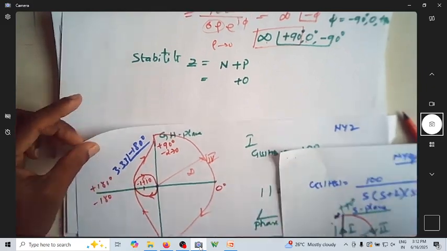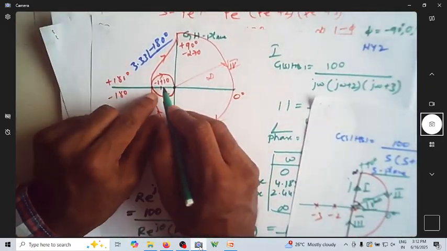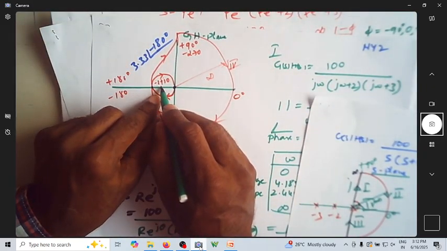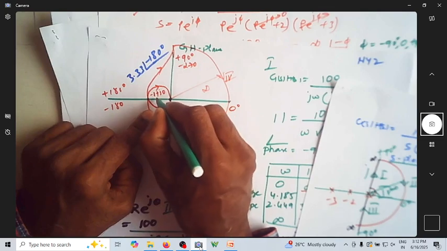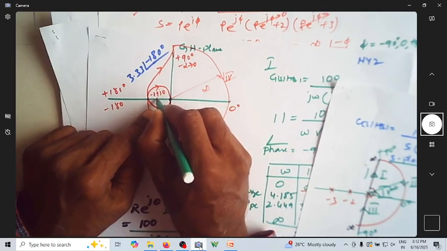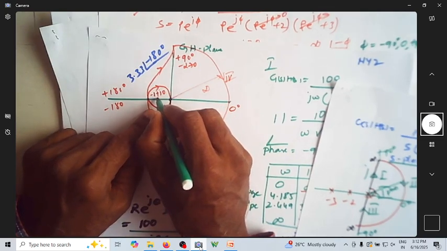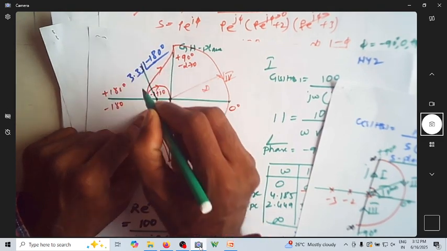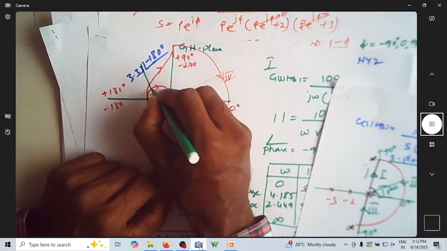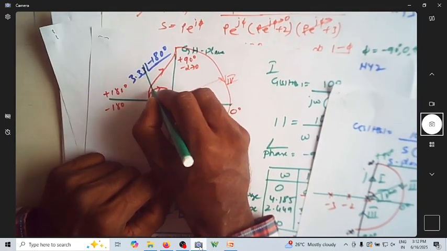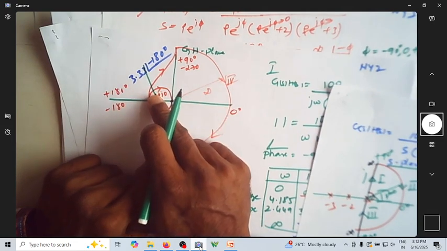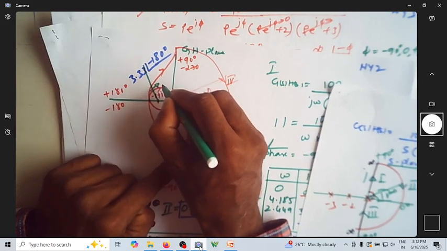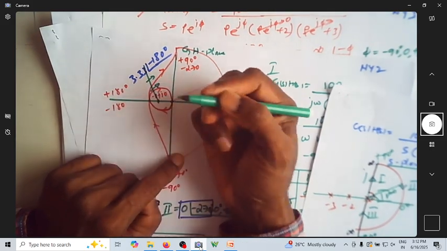But what is N? N is nothing but number of encirclement of this minus 1 plus j0 point by the contour in GH plane. So how to find how many times this minus 1 plus j0 is encircled? Just draw a line anywhere outside, just going out. See how many times this contour is cutting this line. Can you see this is cutting once in clockwise, two times in clockwise?